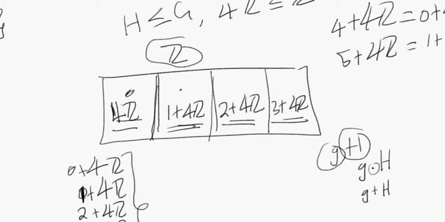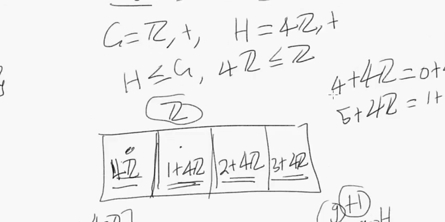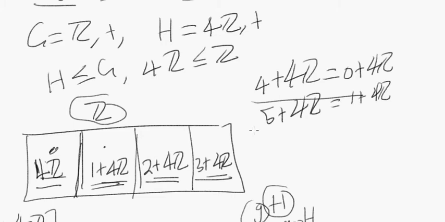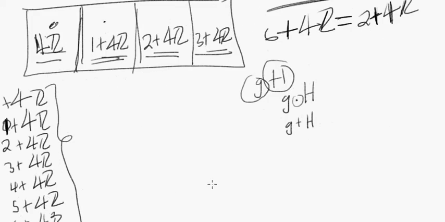For example, 4 plus 4Z was equal to 0 plus 4Z. 5 plus 4Z was equal to 1 plus 4Z. 6 plus 4Z, please verify this if you're confused, was actually equal to the coset 2 plus 4Z, etc. So it turned out that while we seem to have many cosets, we really had 4 cosets because many of them were equal to each other.